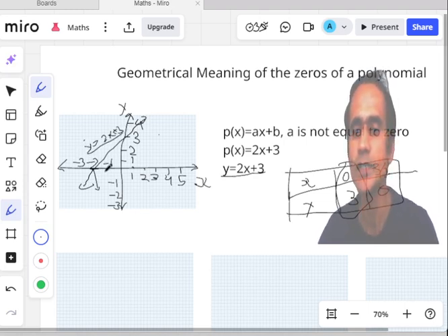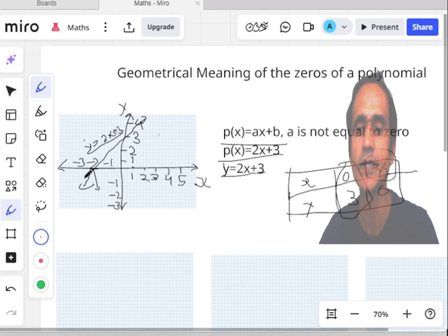So now if we see the value of y is equal to 0, the point is minus 3 by 2, which lies on the x-axis. So what does the 0 of this linear polynomial mean geometrically? It means the point at which this line intersects the x-axis.